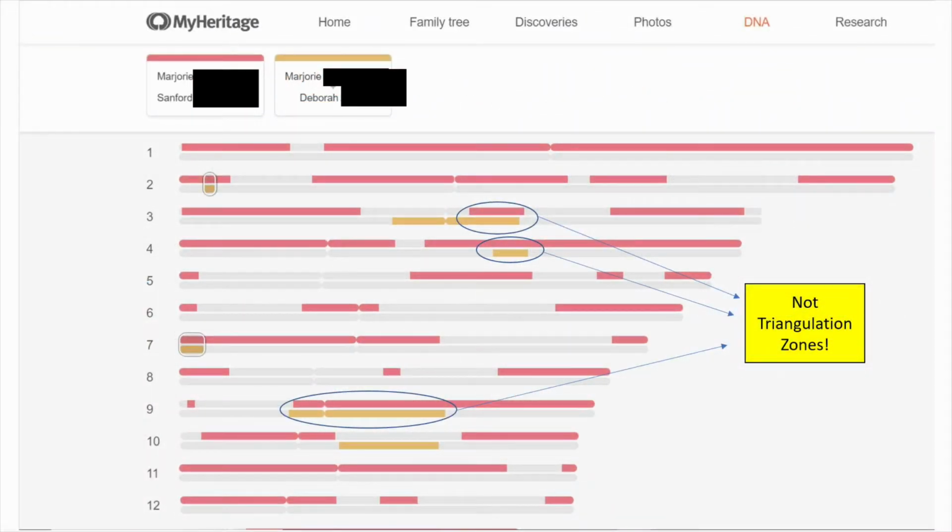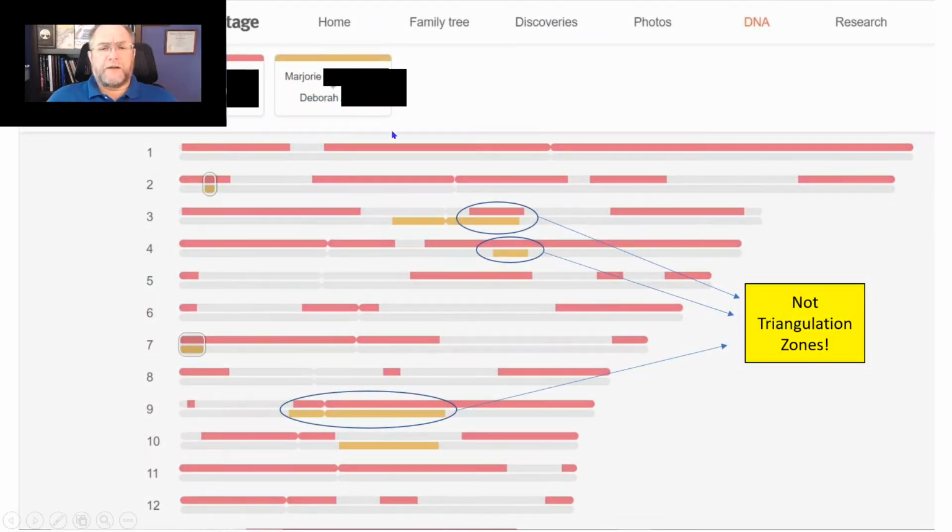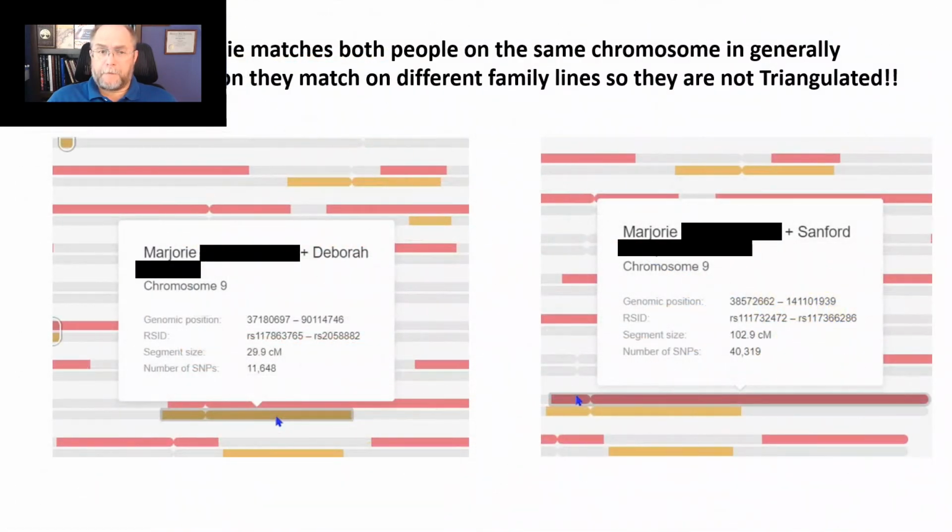On that same combination of Marjorie, Sanford, and Deborah, there are three zones here that show up as looking like they are matches, but they're not triangulation zones. Deborah and Marjorie have this area that looks like it's an overlap, 37.1 million to 90.1 million.